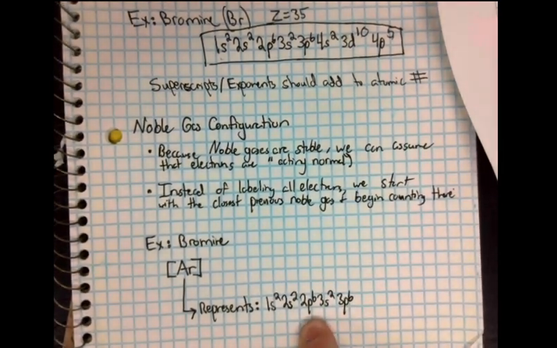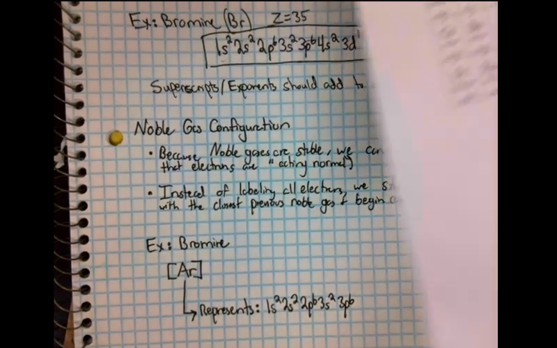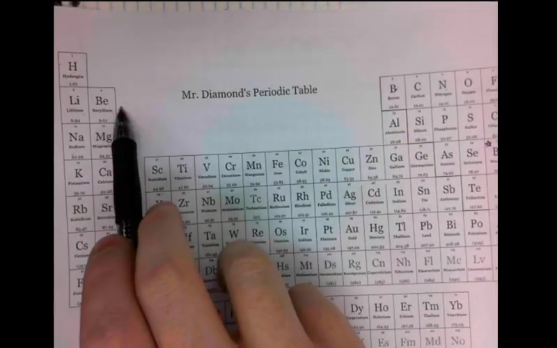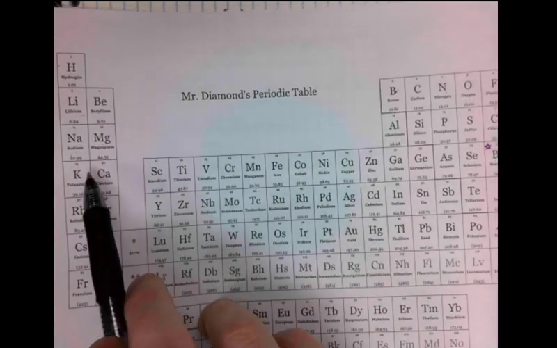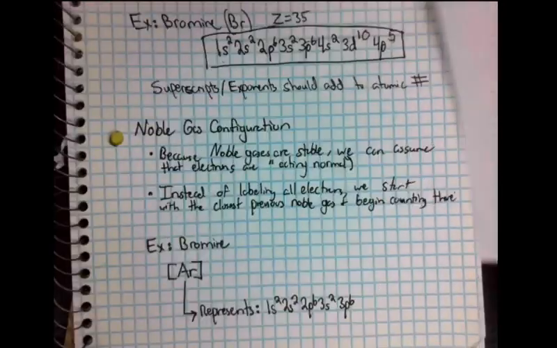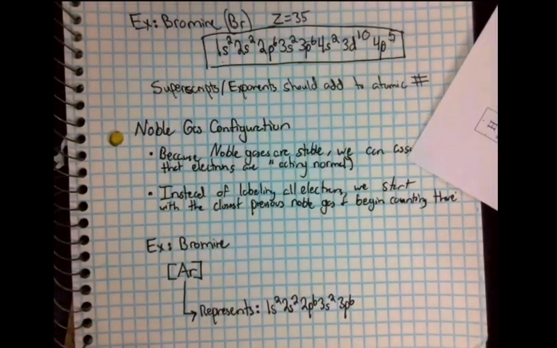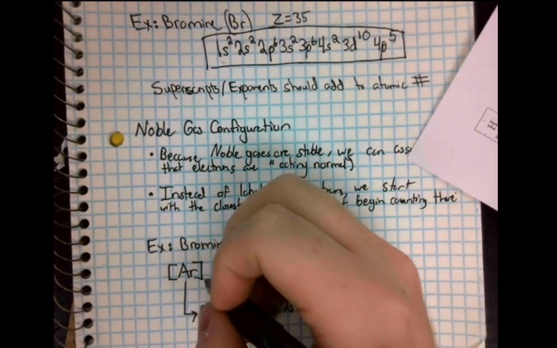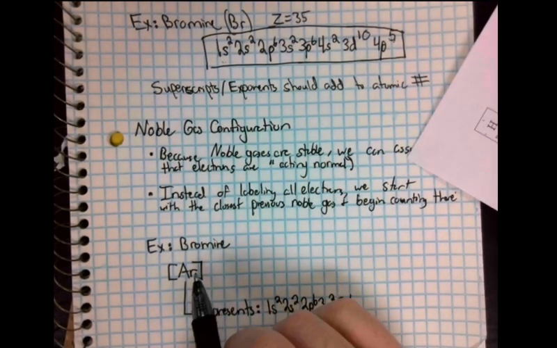All of that information, because that is what it would be for argon. Because argon always behaves the same way because it's a noble gas, we can assume that those are all going to be the same piece of information. And then we just pick up numbering after argon.